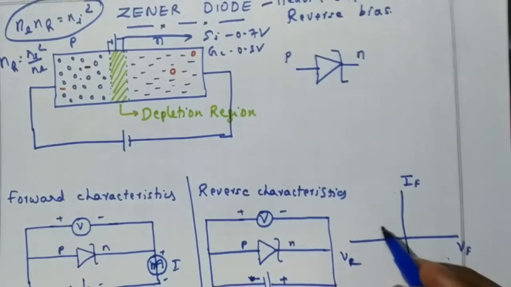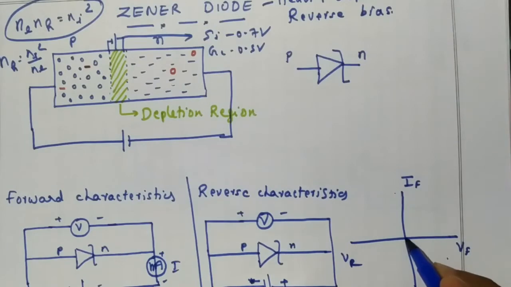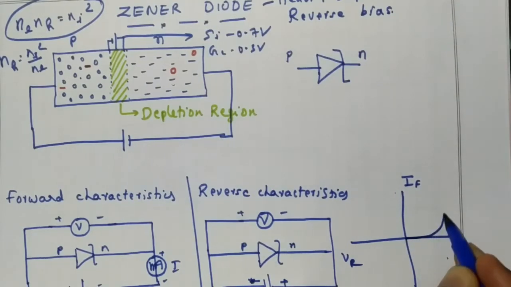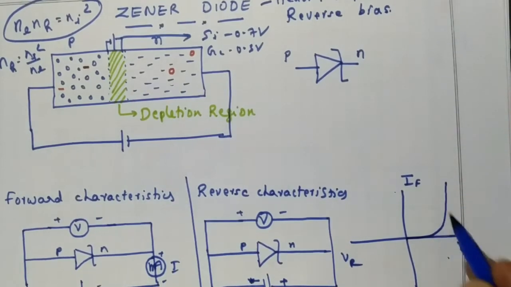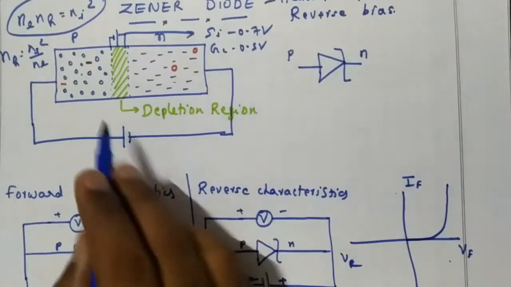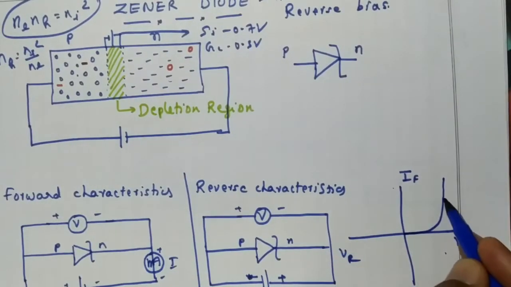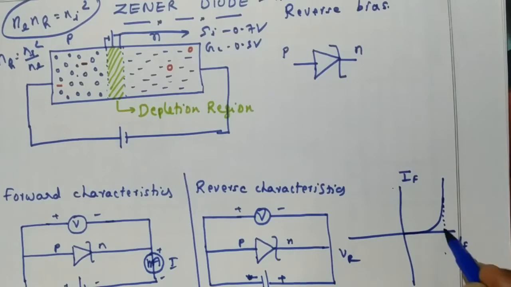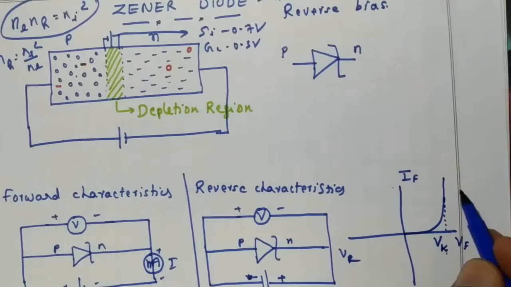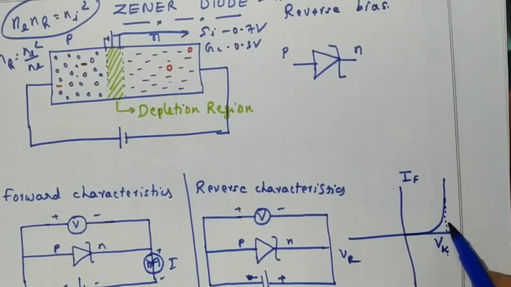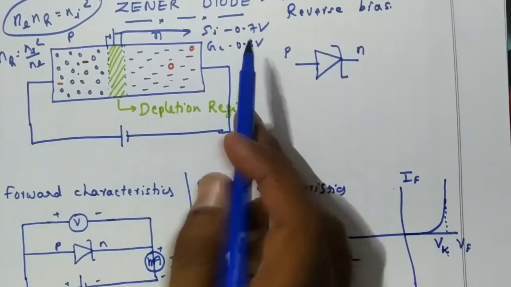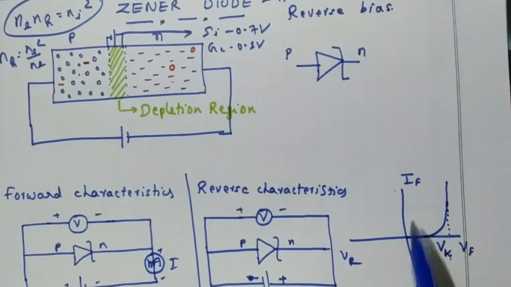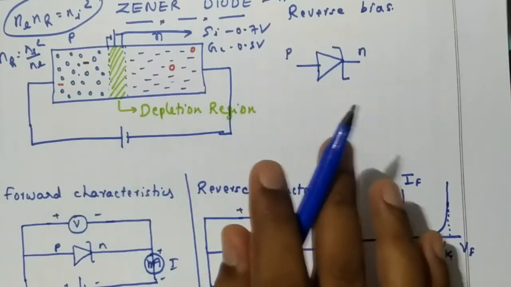So till 0.7 volt, very little current flows. Once 0.7 volt is crossed, a large amount of current flows. If a large amount of current flows, the increase in voltage across the diode is very small. This voltage is called the knee potential or cut-in voltage, which is similar to a forward biased diode. So as far as forward bias is concerned, a Zener diode is nothing but a forward biased diode itself. There is no speciality in this.